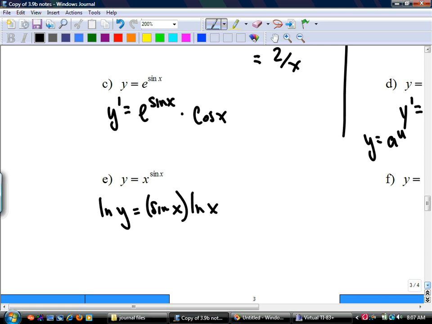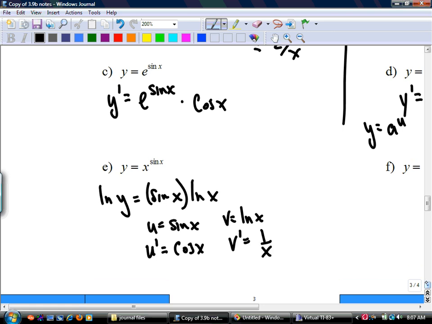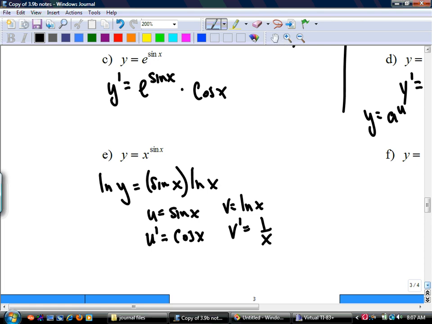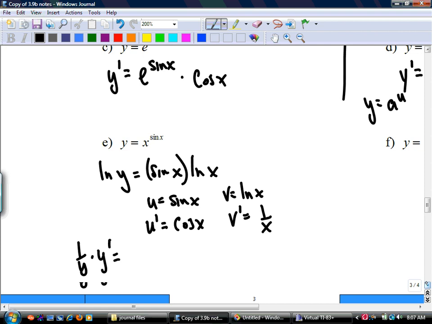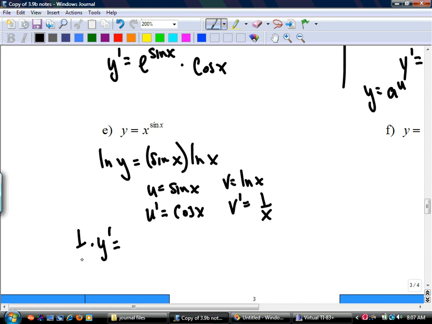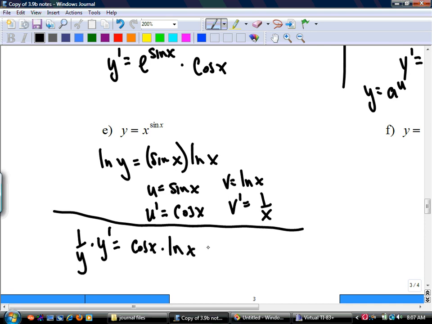Sorry, kids, no choice. u equals sine x, v equals ln x. u prime equals cos x, v prime equals 1 over x. So you get 1 over y times y prime equals what? Cos x times ln x plus sine x times 1 over x.